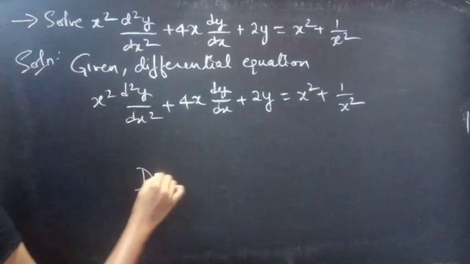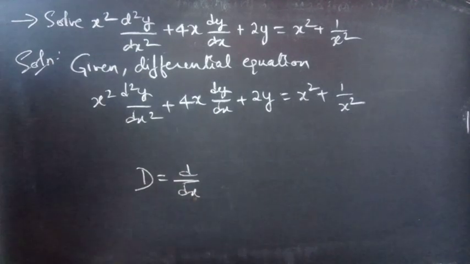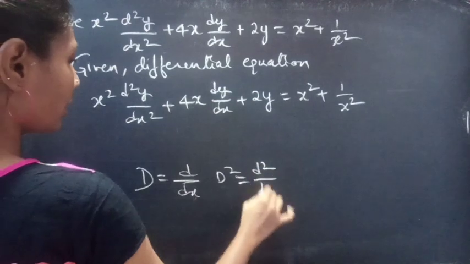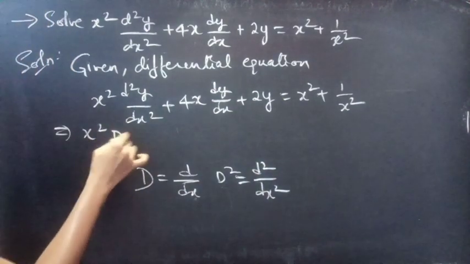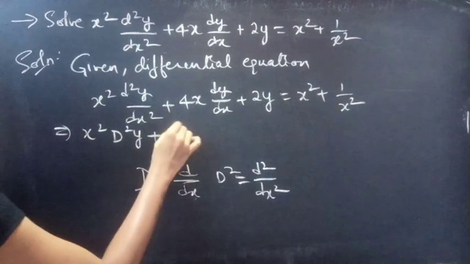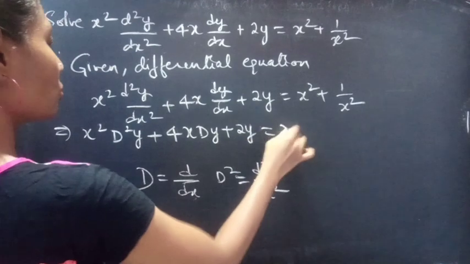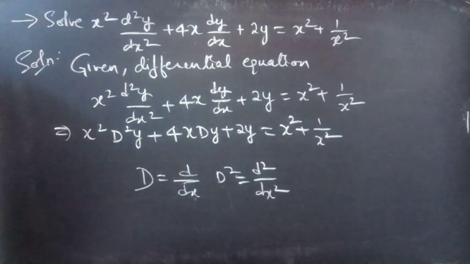We know that D is a differential operator whose independent variable is x, right? Then D square will be d square by dx square. Now we can write the given equation as x square D square y plus 4x D y plus 2y equals x square plus 1 by x square.